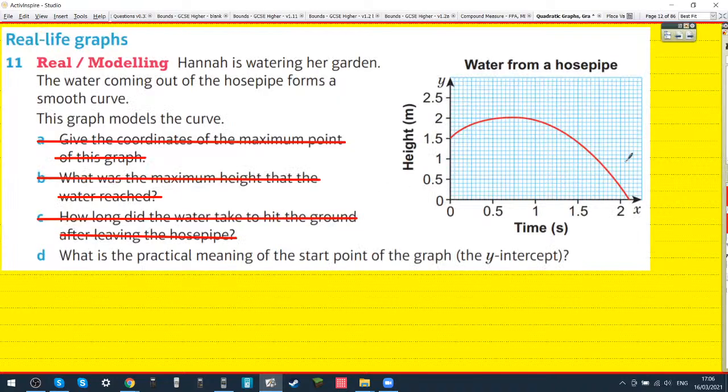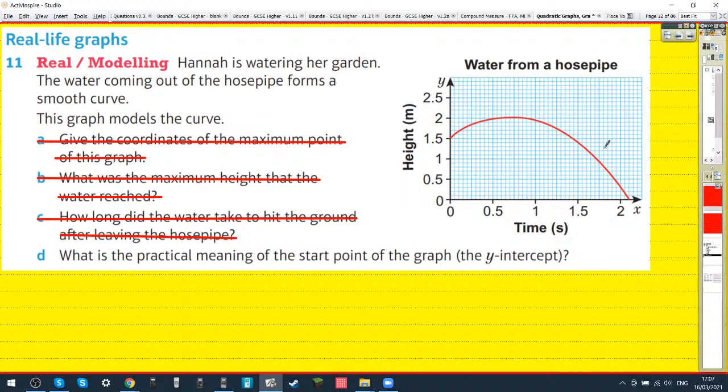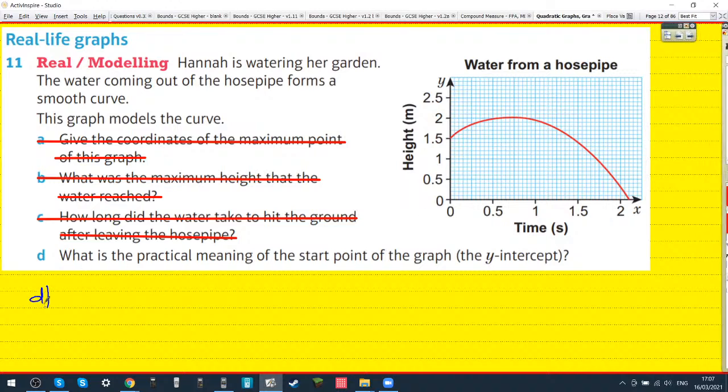Let's see. Okay, how about this one? What is the practical meaning for the start point? The y-intercept. Practical meaning for this.